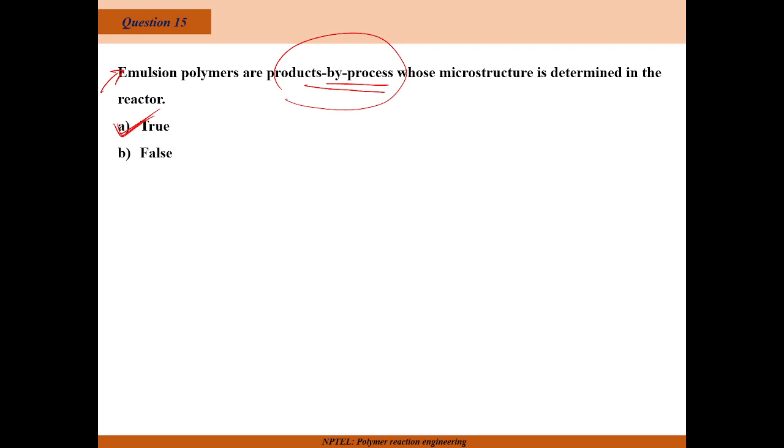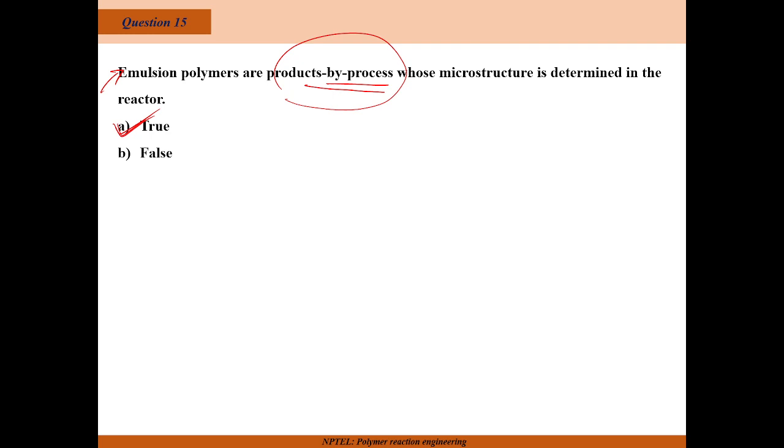If we alter the processes involved in the production, we can alter the products that we obtain, so a different microstructure will be obtained. So this is a true statement and it is a proper definition for emulsion polymers.